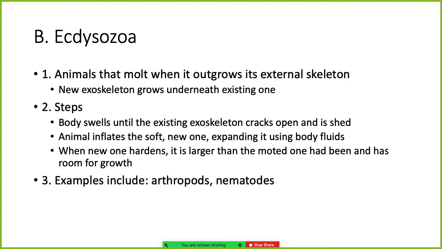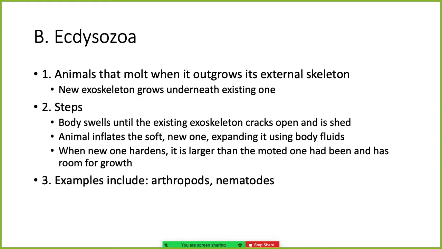Okay, so the Ecdysozoans, they are called Ecdysozoans because they go through a process where they shed or molt their external skeleton called an exoskeleton, and that's how they grow larger in size. I will talk more about this process when we get to arthropods. It is a very, very delicate process.